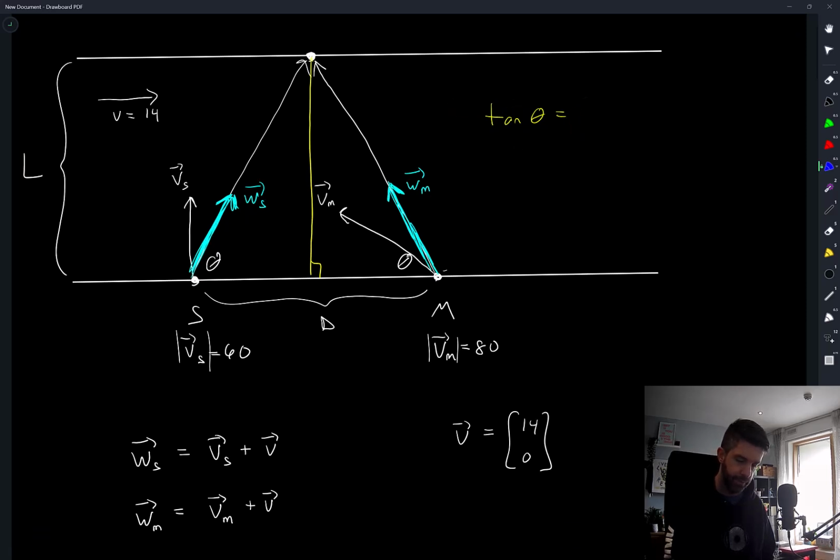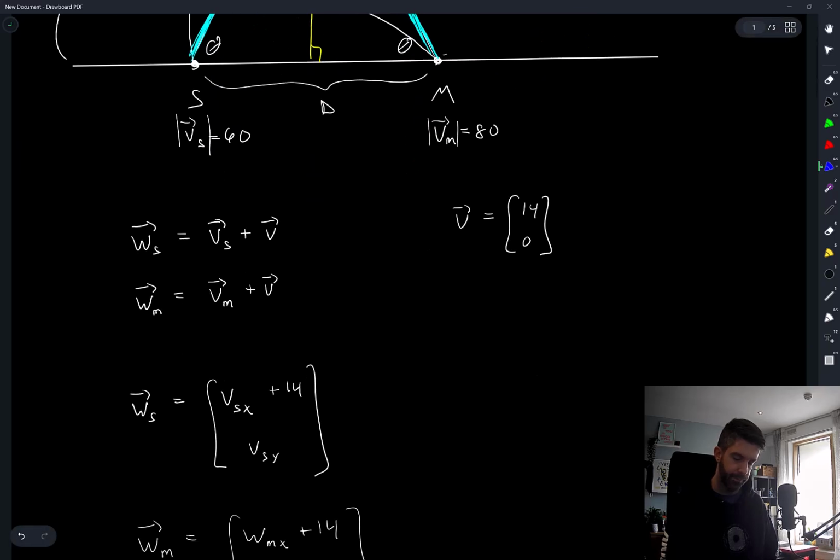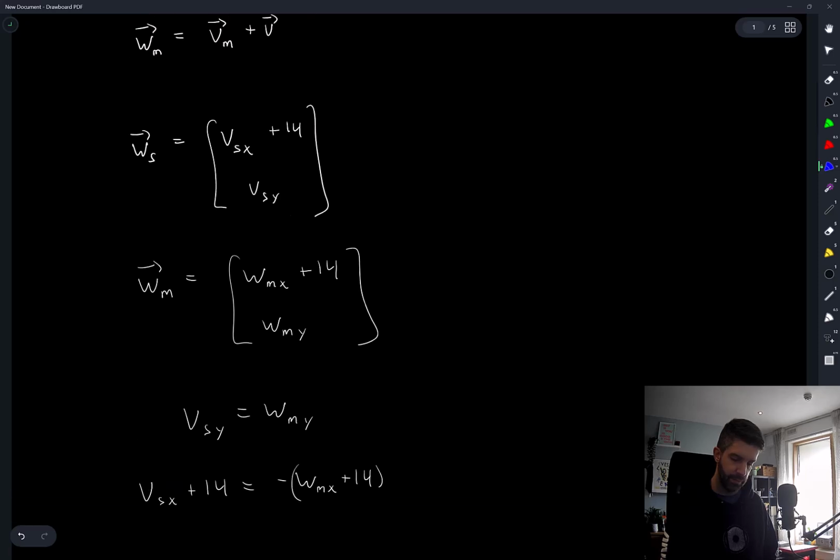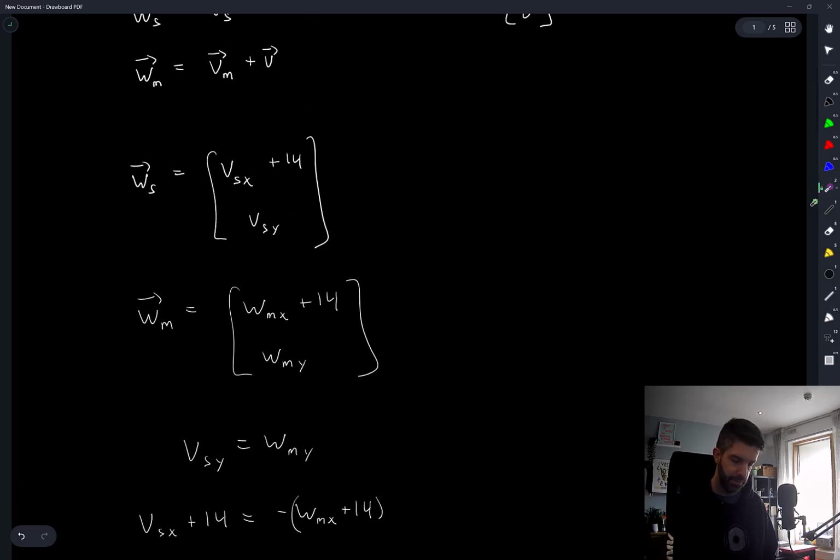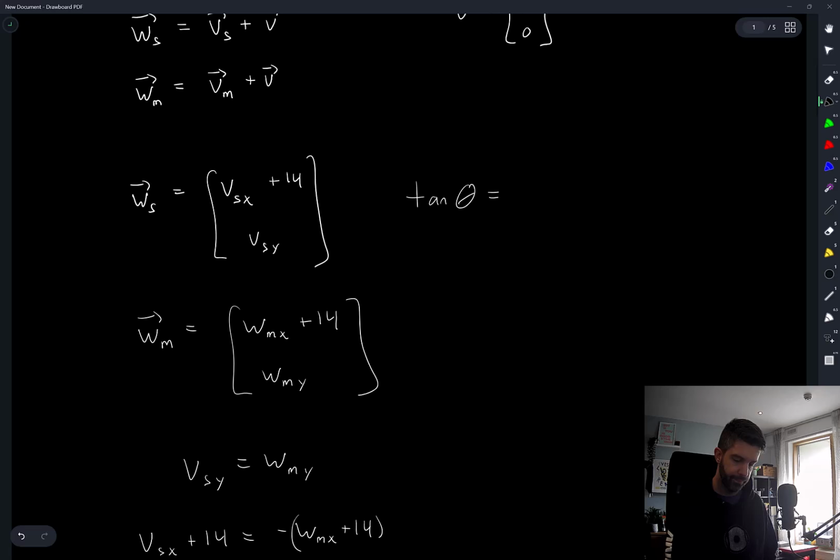Tan theta is 2L over D. And tan theta is also going to be related to these quantities, right? So tan theta is also that divided by Vsy. Okay.